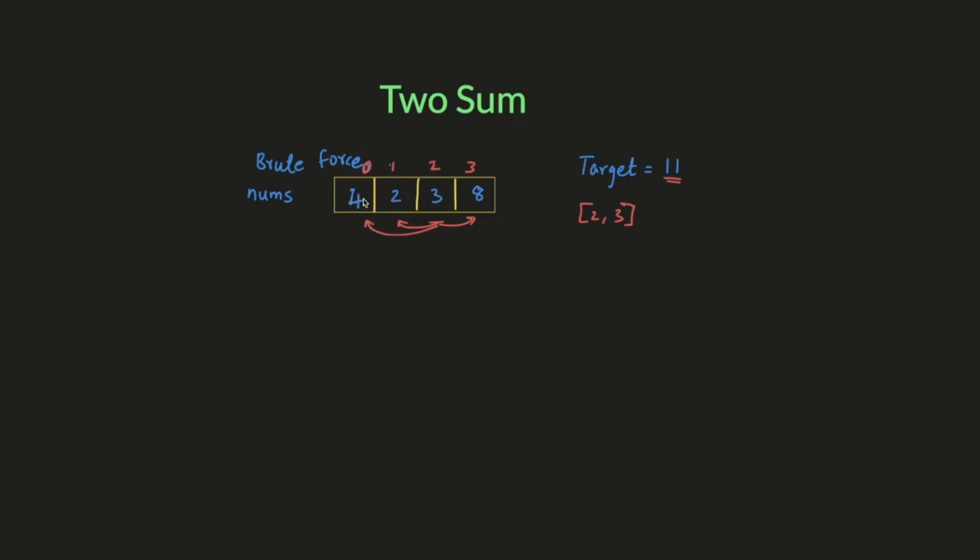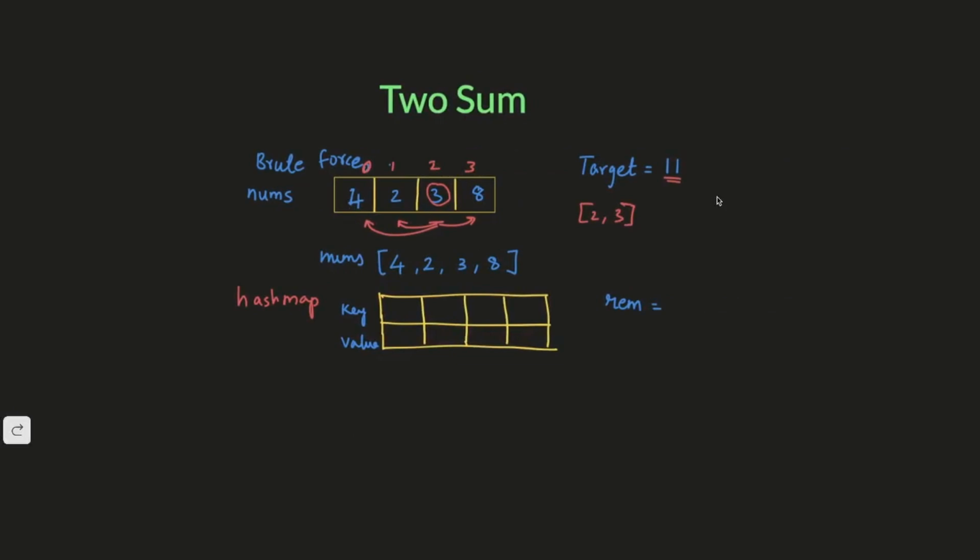One to go through each and every element and another for loop which will go through all the other elements except for this element and get the sum. A more efficient way to do this is to maintain a hash map. By using this brute force method, our time complexity results to big O of n square because there are two for loops involved.